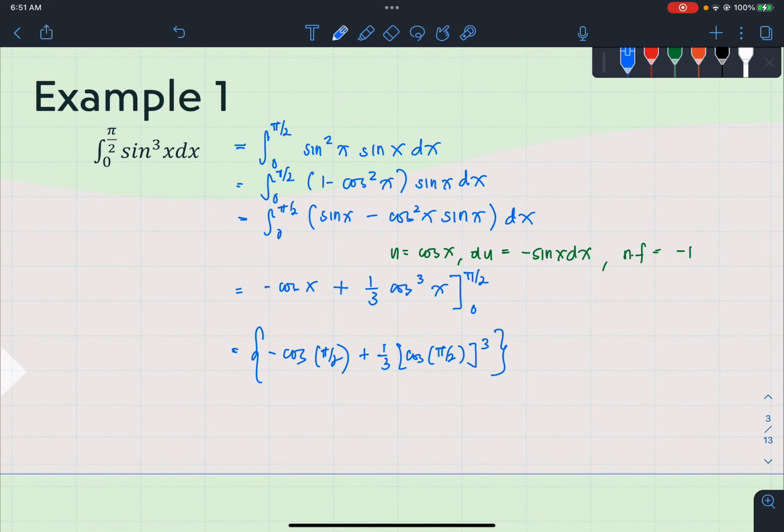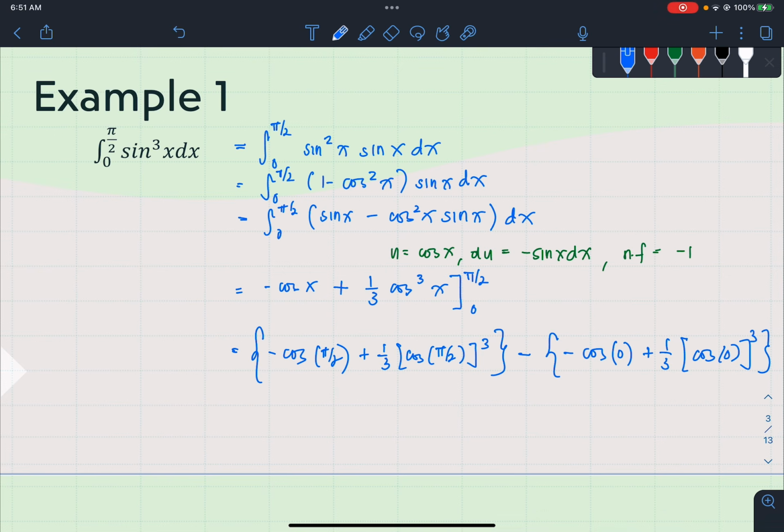So this is the upper boundary. So minus the lower boundary, we'll have negative cosine, x is 0, and plus 1/3, multiply it with cosine 0 raised to 3. So upper boundary minus the lower boundary.